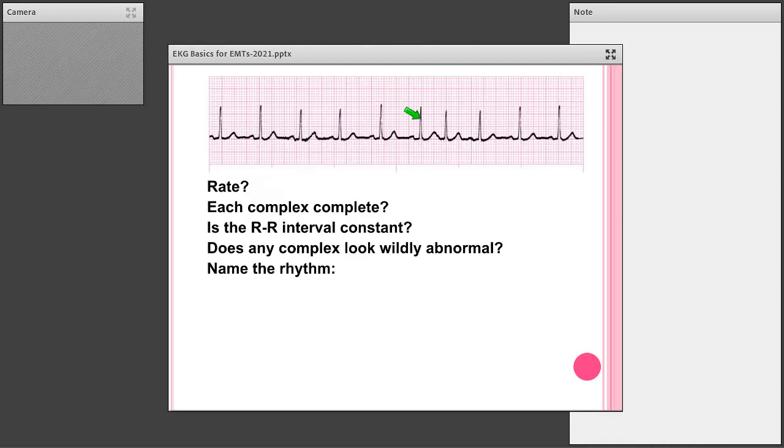And this is the last one. So I will just give you a second to figure it out, looking at the rate, P wave for every QRS complex. Is it the R to R interval the same? Anything out of the ordinary? And then we're going to name the rhythm.